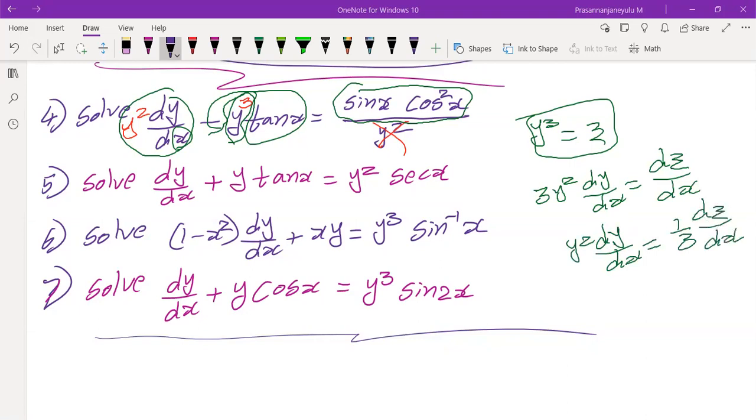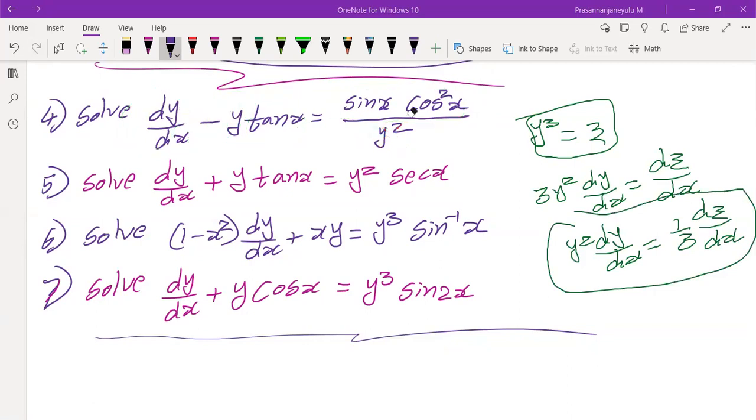Now how does it look? Check what I mentioned in the previous cases. What is the first term of the right hand side? Y square into dy by dx.